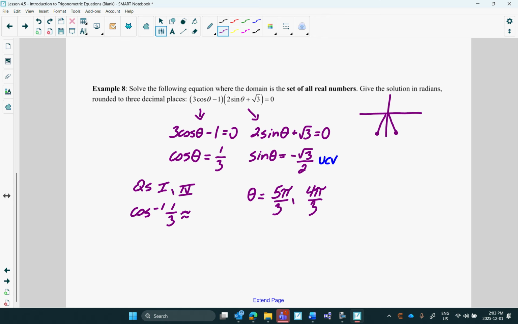It's approximately 1.231, which means my two answers. Well, the first answer in quadrant 1 is going to be the same as the reference angle, 1.231. Quadrant 4, I'm going to do a little bit of math to find the actual angle by doing 2 pi minus the reference angle, which gives me about 5.052.